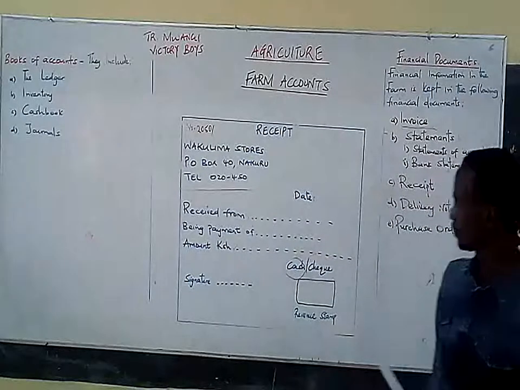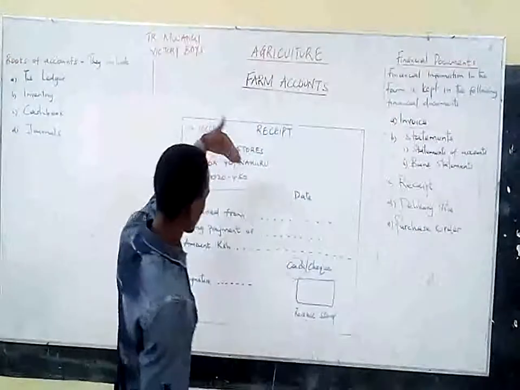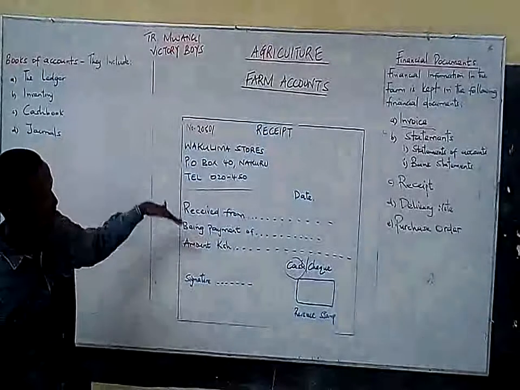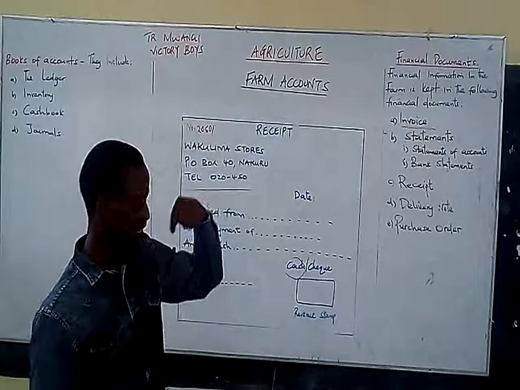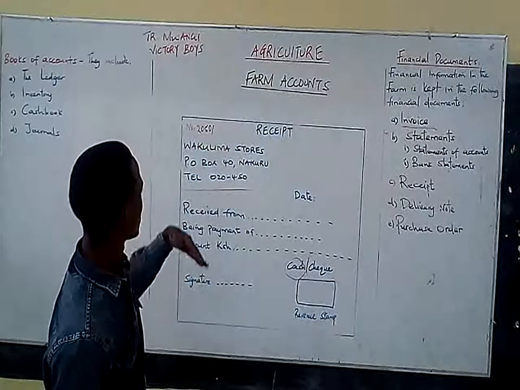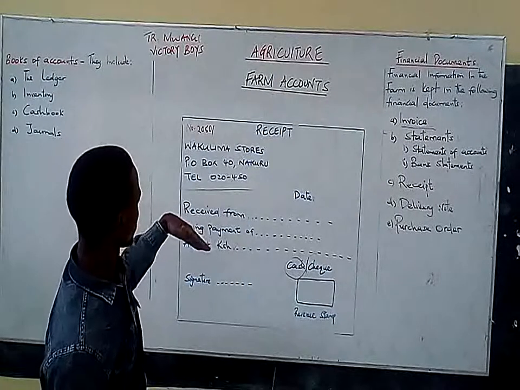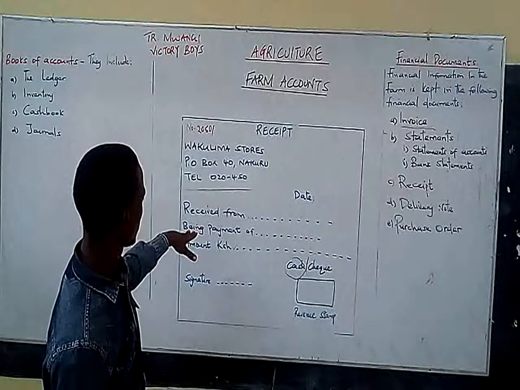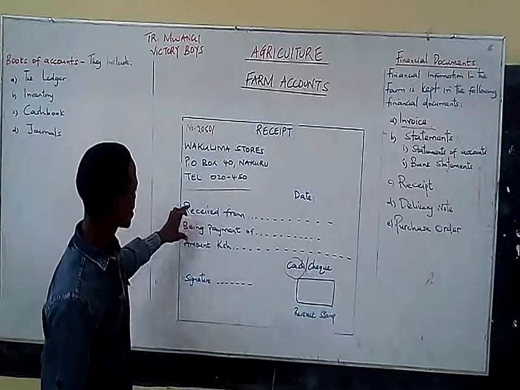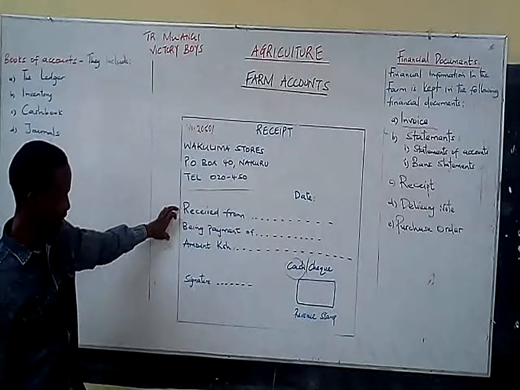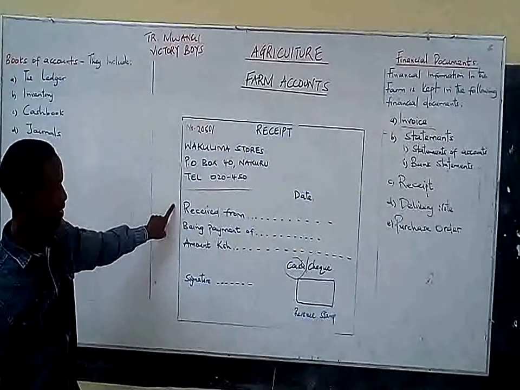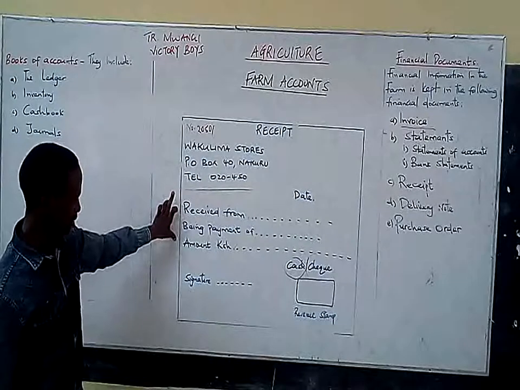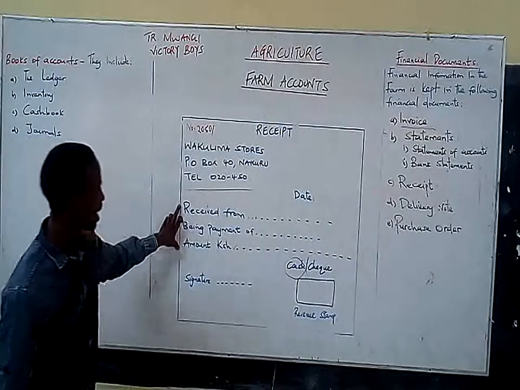So we are going to relate to our previous example, whereby Prima Stores had written an invoice to us, informing us of the amount of money which we owe them. So this receipt is coming from Prima Stores, confirming that the amount of money which our farm owed them has already been received.